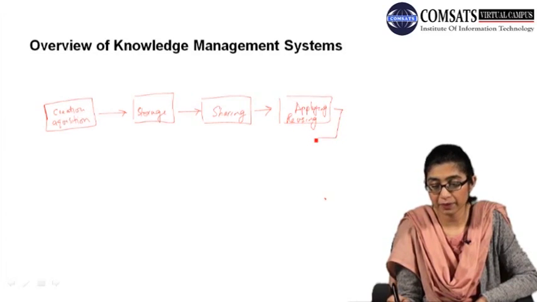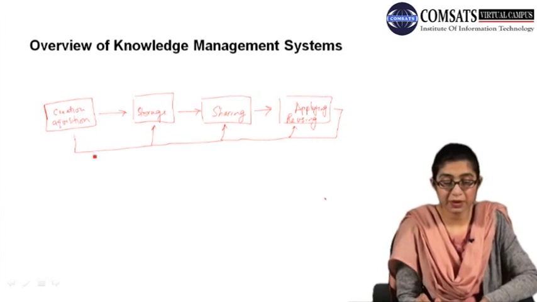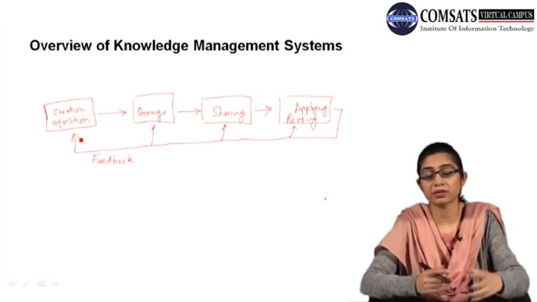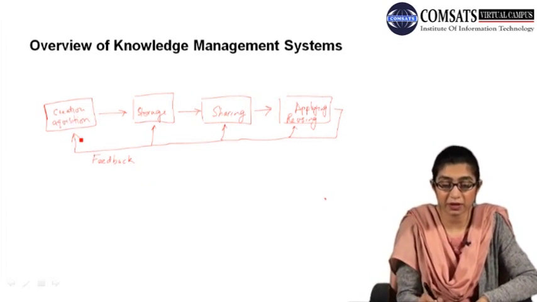And at every step we have the possibility of going back. So basically it becomes a huge cycle of how knowledge is acquired, how it is stored, how it is shared and applied. So this is the whole process of the knowledge management system.